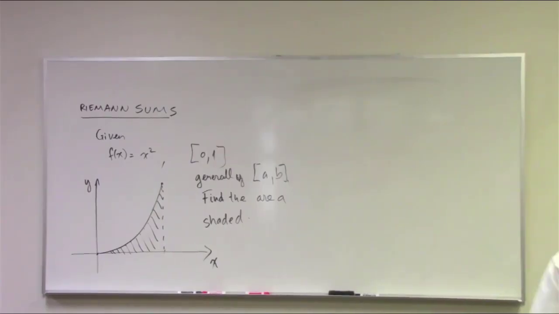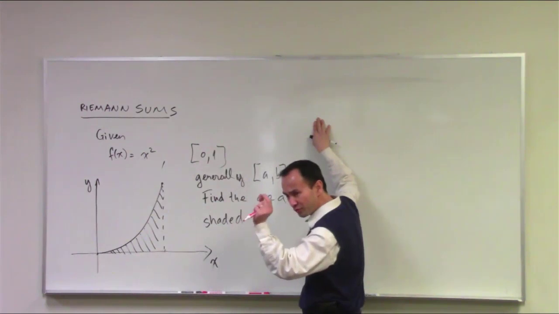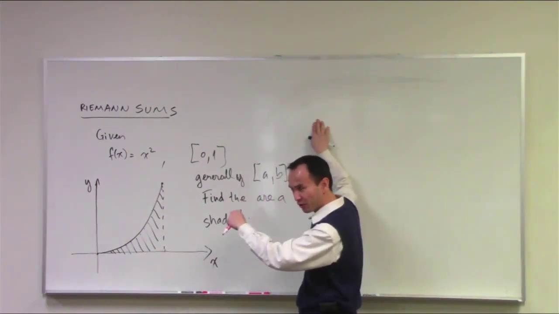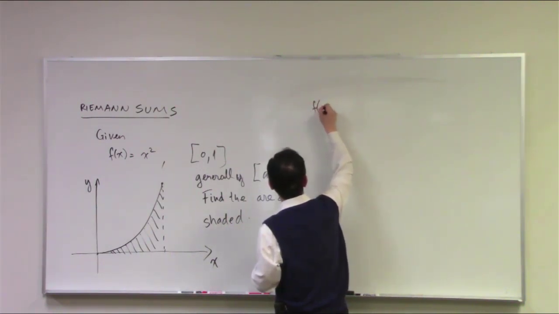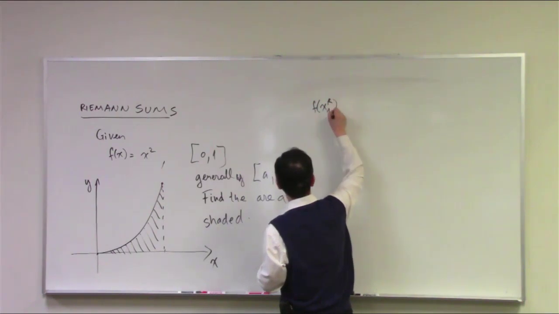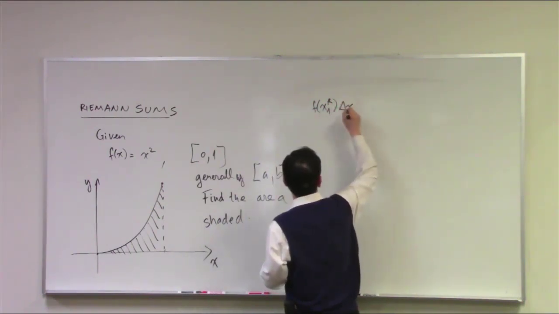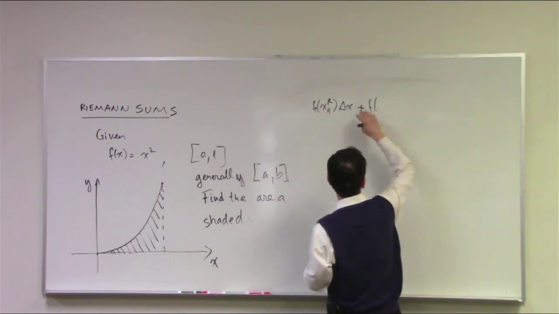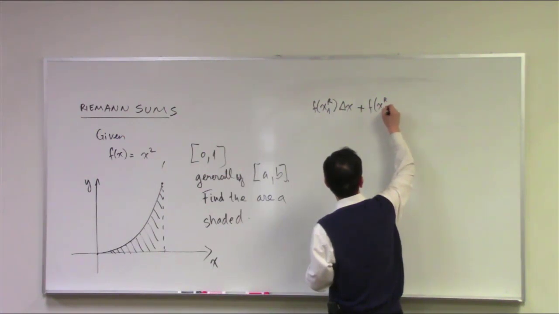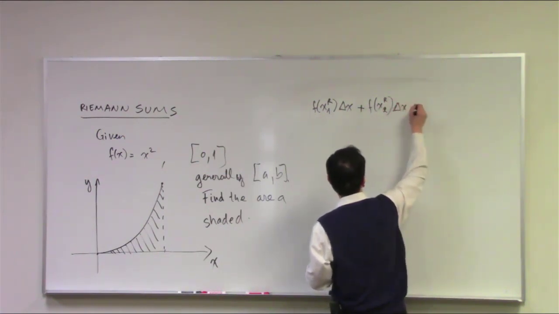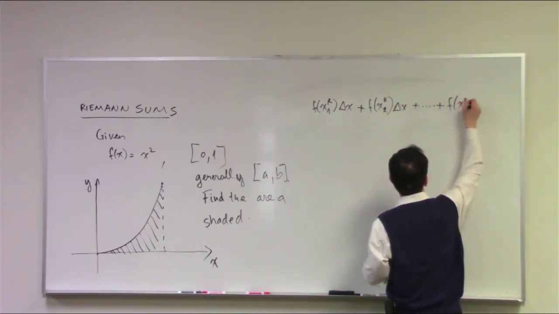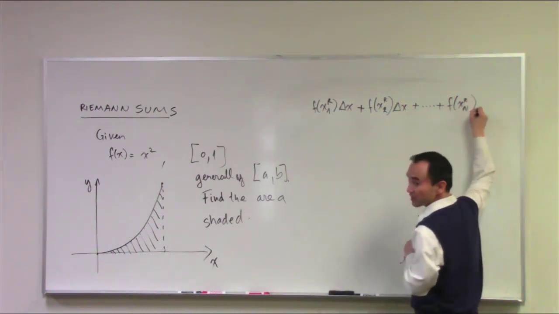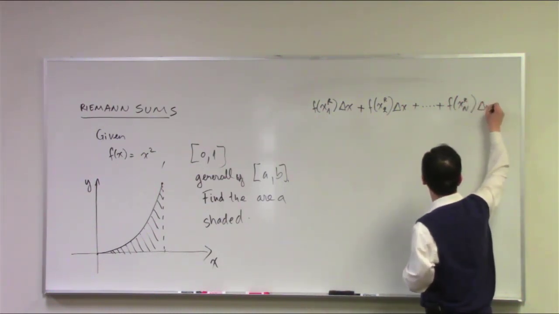What we've done here specifically is choose the sample point to be the right-hand point on each of our subintervals. Here we're looking at the function evaluated at xr1 that we multiply with the delta x, and then we add the function value at the sample point on the right-hand side, xr2 delta x, plus so on and so on, up to the last one being f of xr n, assuming we're breaking it down into n subintervals, multiplied with delta x.